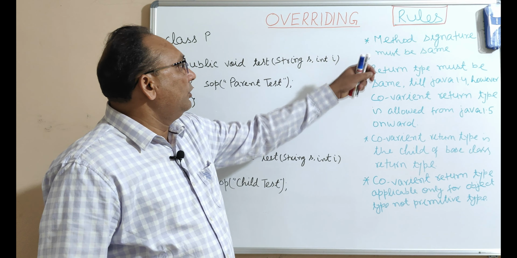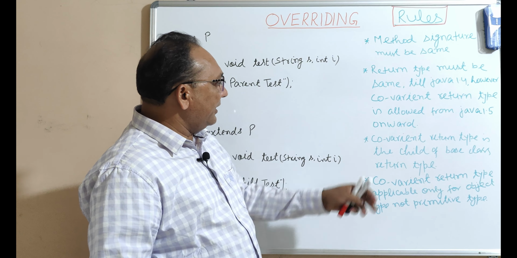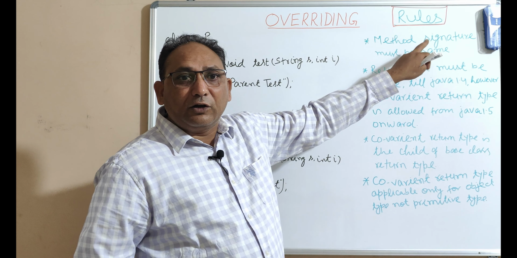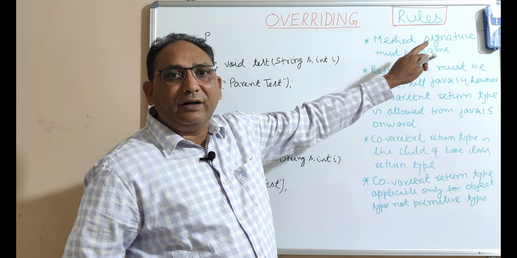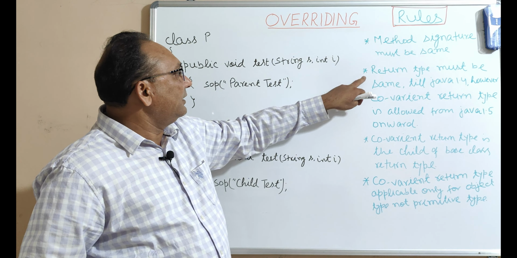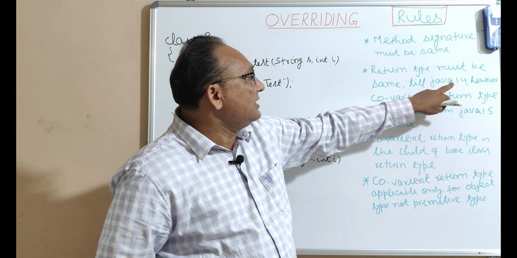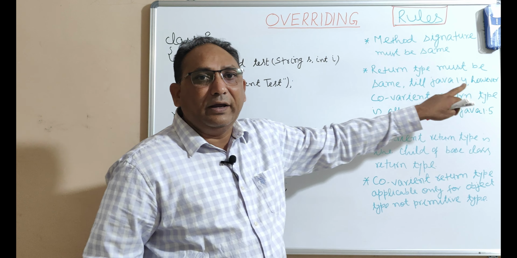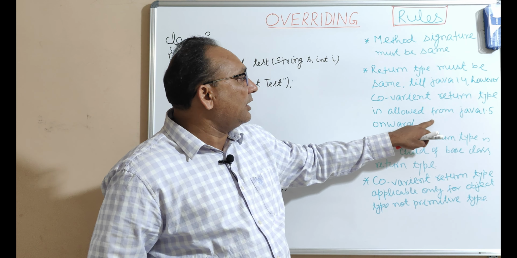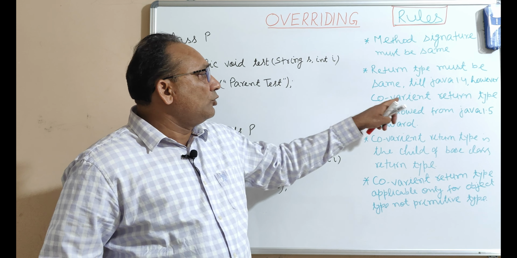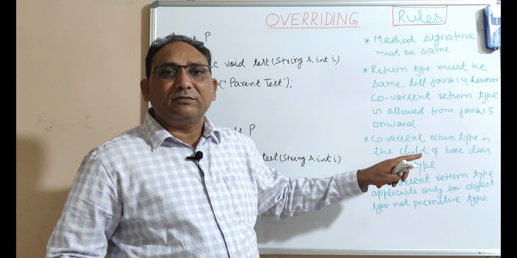So first rule, here I have just written a few points. Method signature must be the same, including the order of argument types. Second rule, return type must be the same till Java 1.4. However, covariant return type is allowed from Java 1.5 onwards, right? So what is covariant return type? I will discuss.